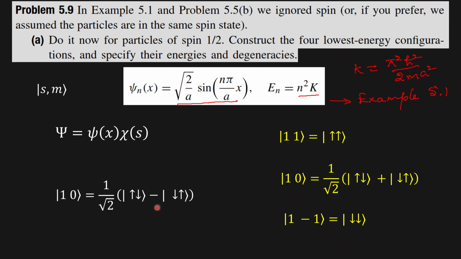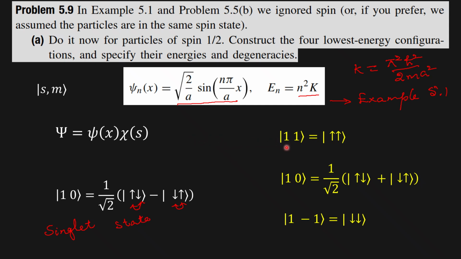If you swap the spin states, the sign changes, so this is anti-symmetric. In that case, the radial part of the wave function must be symmetric. This state is called the singlet state.